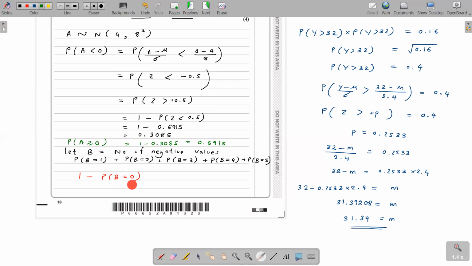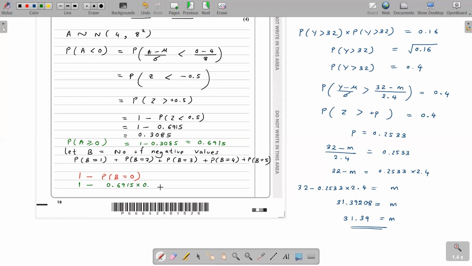Now, what do I want? B equals 0 means all your 5 digits are positive. So if all the 5 digits are positive, what does it mean? The first digit is positive, and the second digit is positive, and the third is positive, and the fourth is positive, and the fifth is positive. It's a multiplication, right?